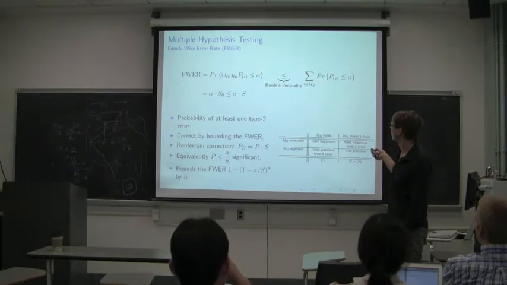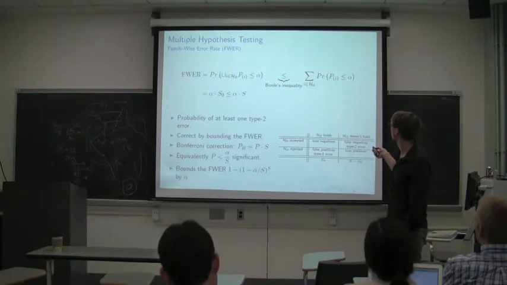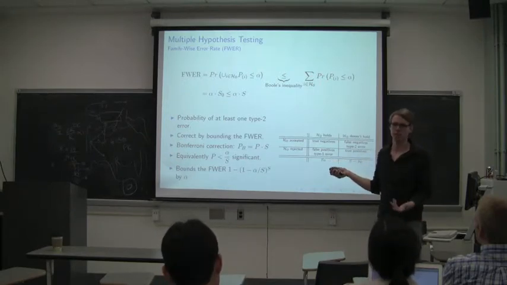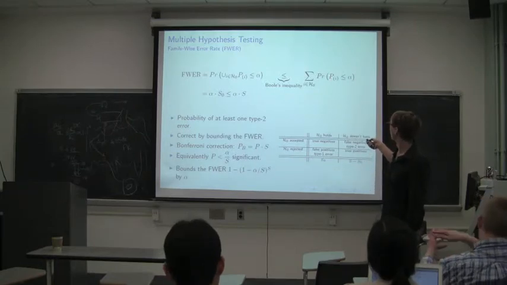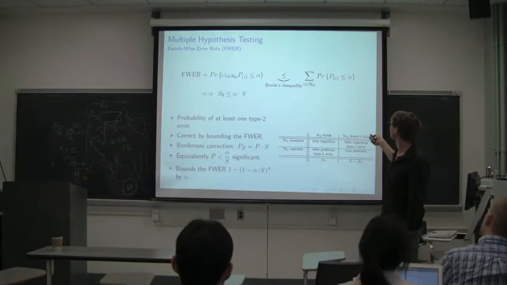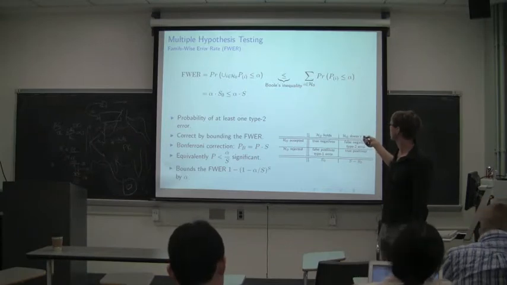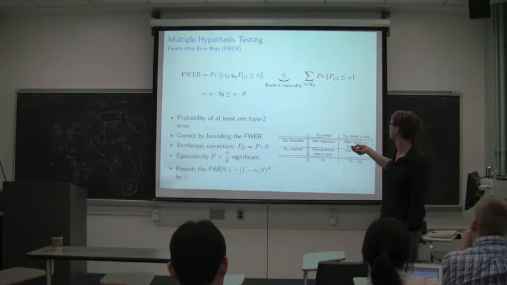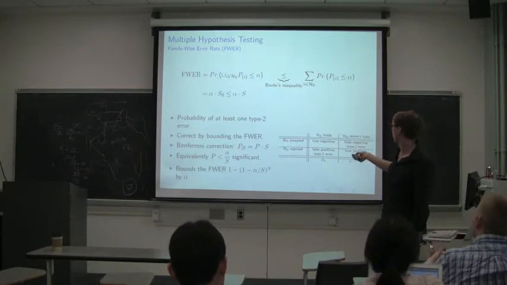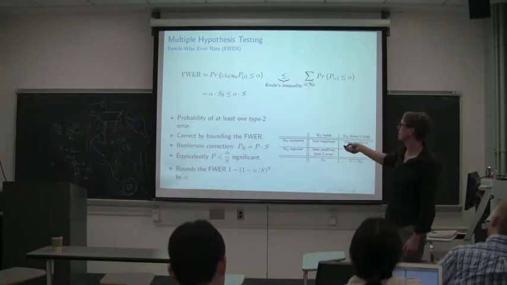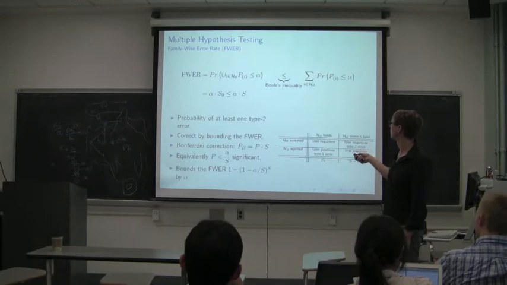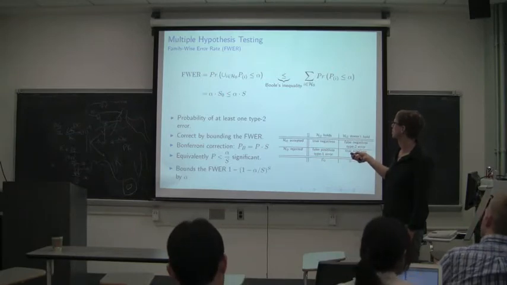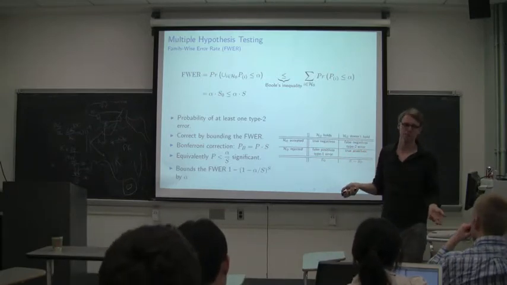And what is the sum here? All of these have a probability of alpha, because we said the p-value is uniformly distributed, so the probability of observing a null test that has a p-value smaller or equal to alpha is just alpha, right? And we said we have S0 null hypotheses, so the probability is S0 times alpha, which, well, S0 is unknown.